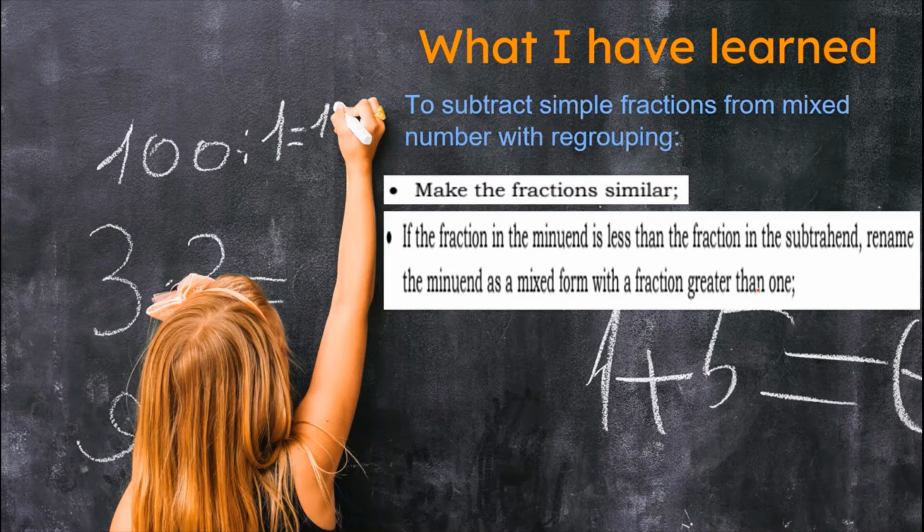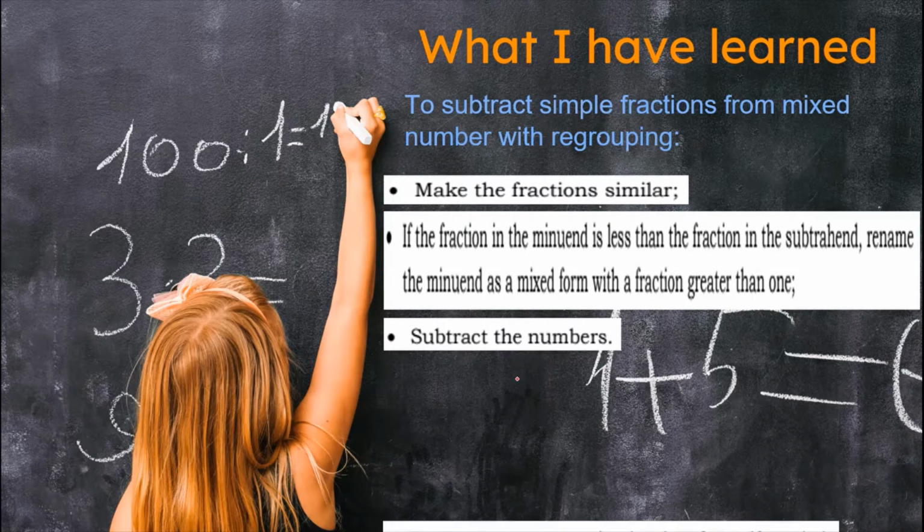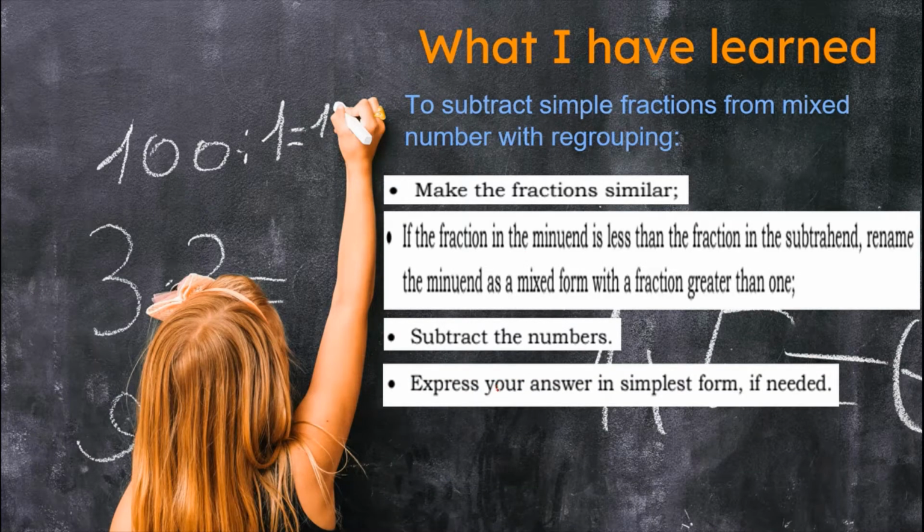Or you can also do the other process, and that is to convert the mixed number into an improper fraction. After that, you can now subtract the numbers. And lastly, you need to express your answer in simplest form.